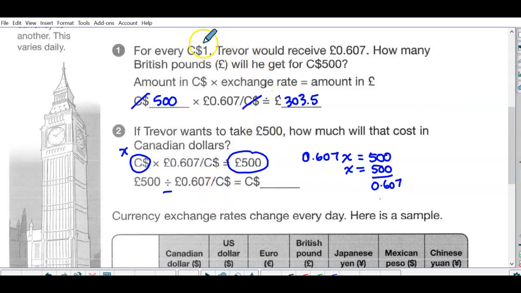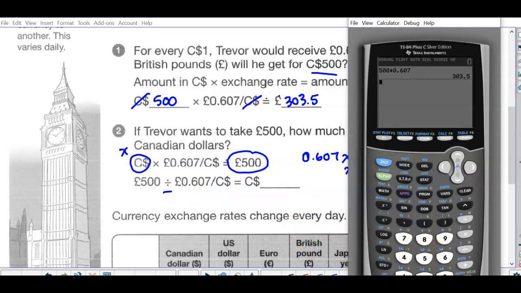So here we were starting with Canadian dollars, and we had the exchange rate for 1 Canadian. So we just multiplied. Here we are given British pounds, but we don't have this exchange rate for 1 British pound. Now you could get it by going 1 divided by this, but it's just a little bit faster to divide. Okay, so think about it as an equation.